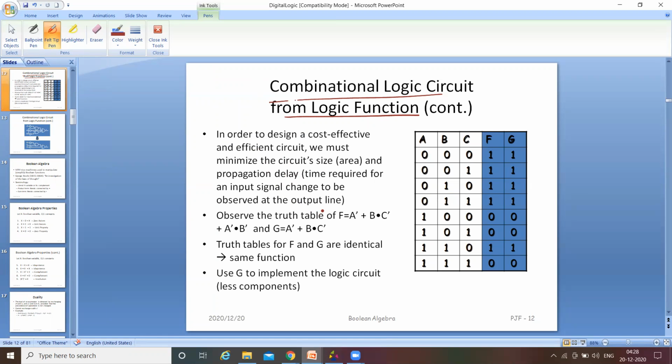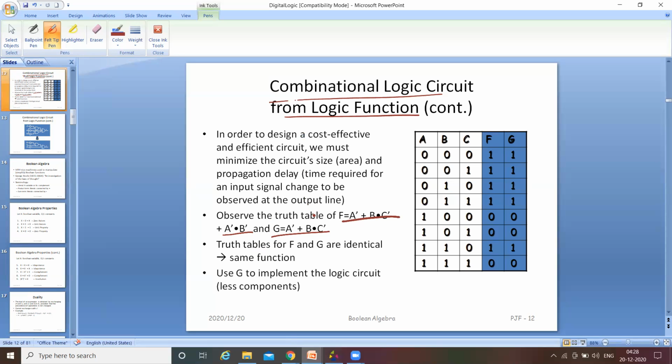See, observe the truth table of this one. Previously we considered this and represented its diagram also, and in this one G plus G bar. The truth table of F and G are identical, and F and G are identical.